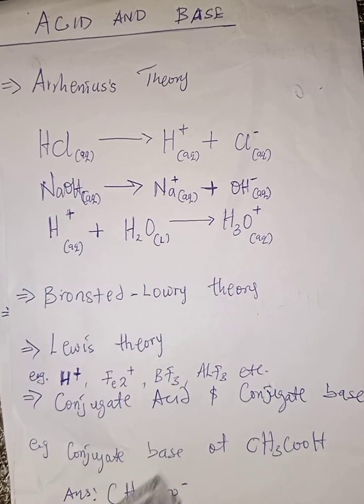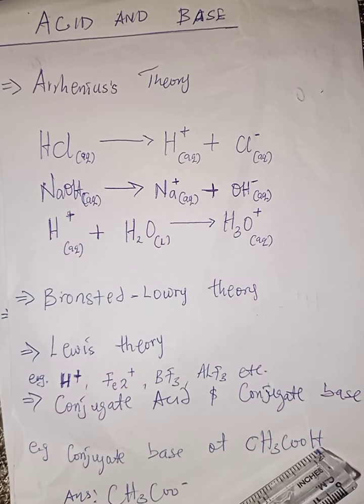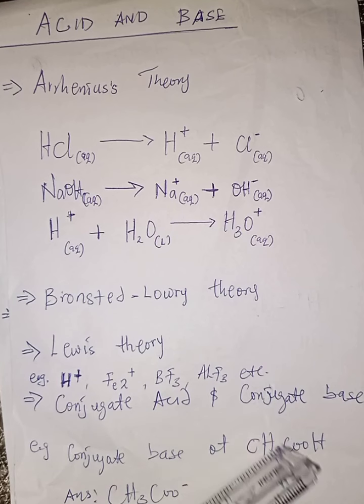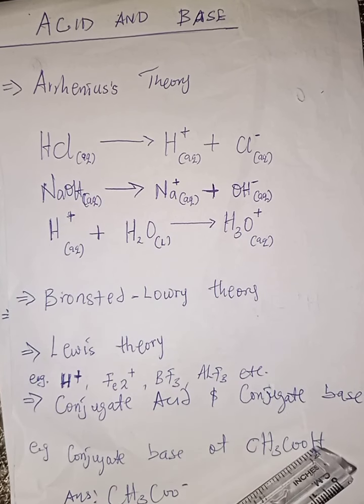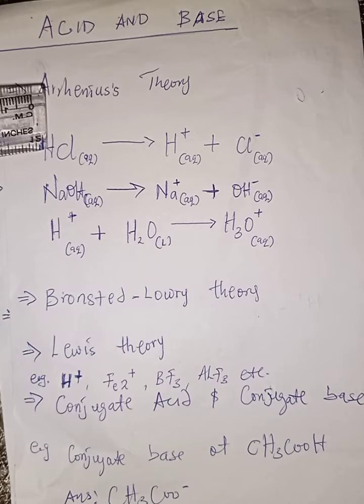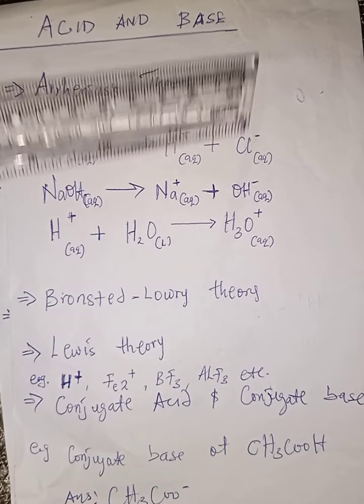For example, what is the conjugate base of CH3COOH? This H is the hydrogen that made that compound an acid. So if you remove that hydrogen, you are going to get the conjugate base. For example, if I remove this hydrogen from HCl, I'm going to have Cl minus.